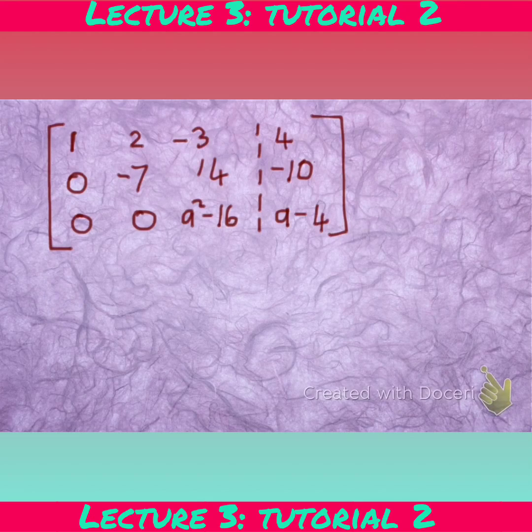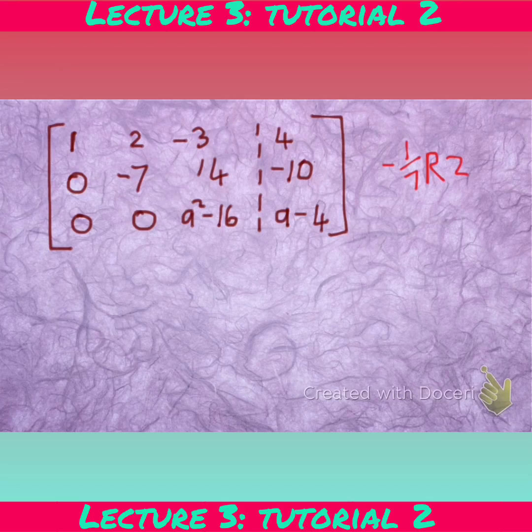Let's make a leading one in the second row. We can do that by taking the second row and multiplying through by negative 1 over 7.